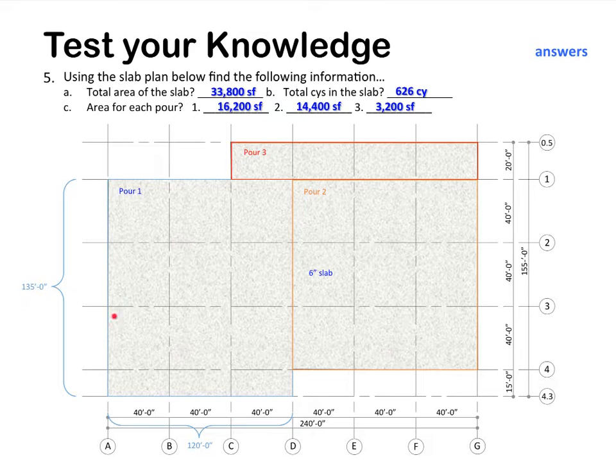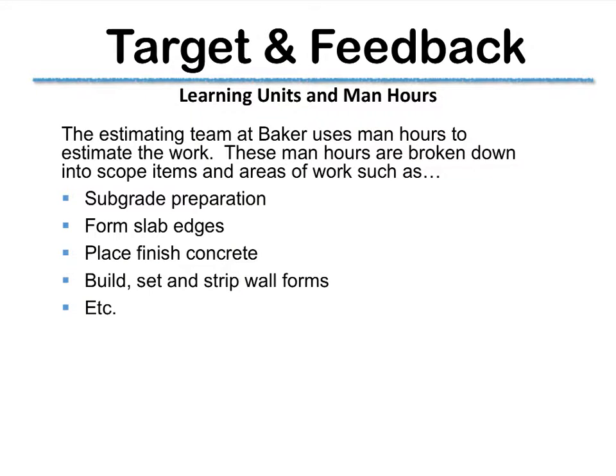This 40 foot plus 40 foot plus 40 foot plus this 15 foot gives you the 135 lineal feet. Then across the bottom you've got 40 feet, 40 feet, 40 feet, gives you 120 lineal feet. So area 1 would have been 135 feet times 120 lineal feet to get this particular square footage up here.